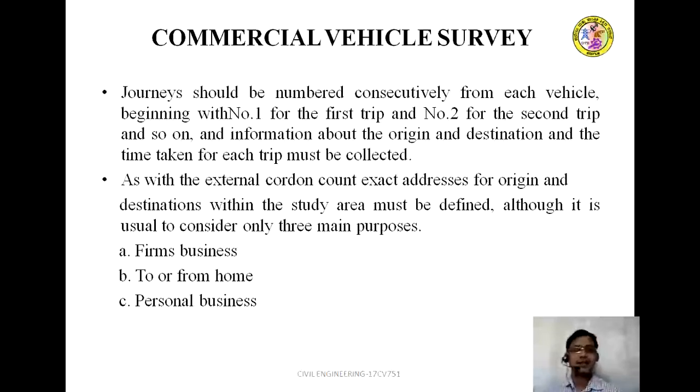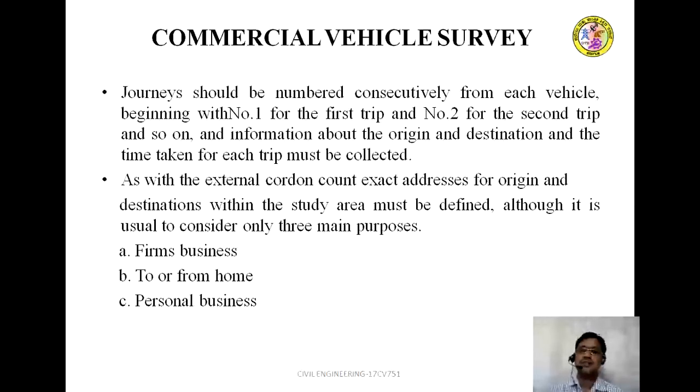As the commercial vehicle survey is done at the cordon line, the origin and destination information are also within our defined study area, although it is usual to consider three main purposes: firm business, to or from the home, or personal business.